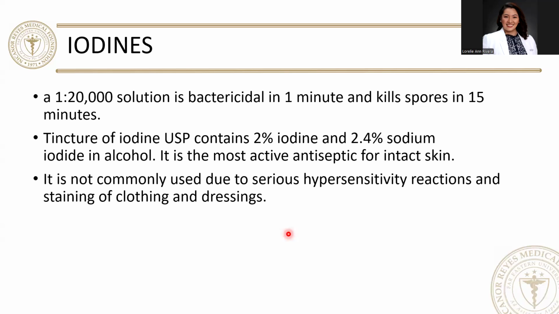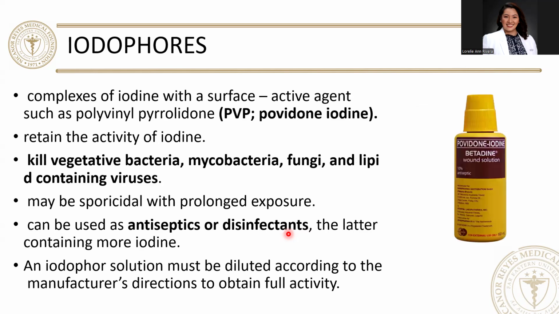It is not commonly used due to serious hypersensitivity reactions and staining of clothing and dressings. Complexes of iodine with a surfactant as the active agent, such as polyvinyl pyrrolidone or PVP, or our very common povidone iodine, kill vegetative bacteria, mycobacteria, fungi, and lipid-containing viruses.